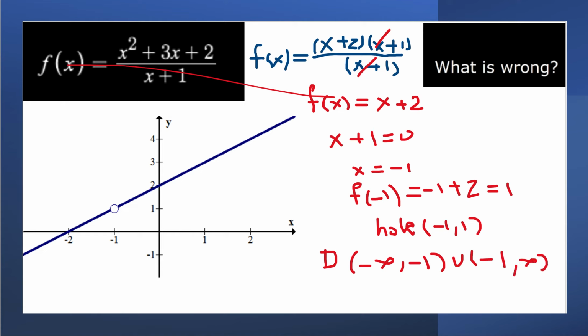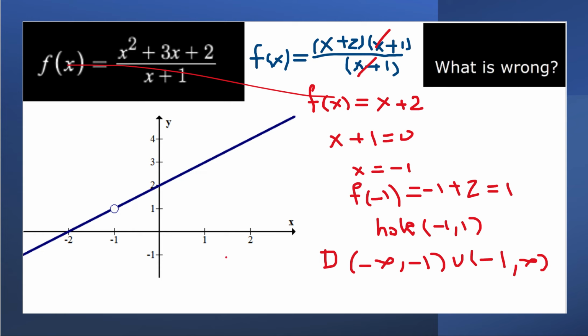And this hole, because the function is discontinuous, we call a removable discontinuity, because we can close this hole by defining a point, for example, x equal to minus 1 where f of x is equal to 1.